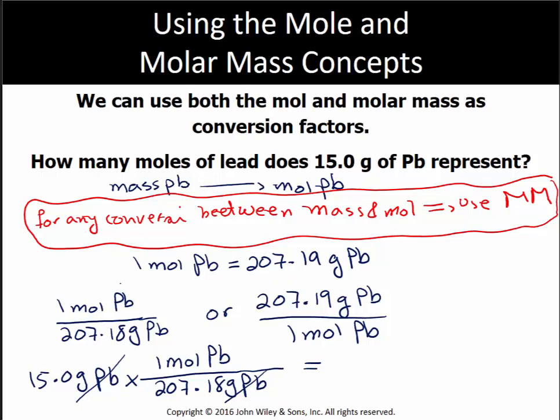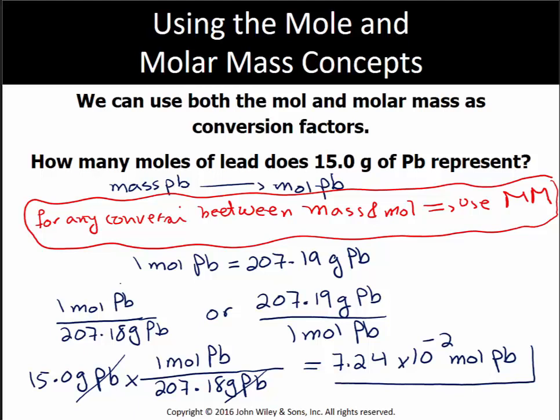So let's all do it with the calculator and make sure that we all get the same answer. The answer is 7.24 times 10 to the negative 3 moles of lead. Here I made a little mistake.